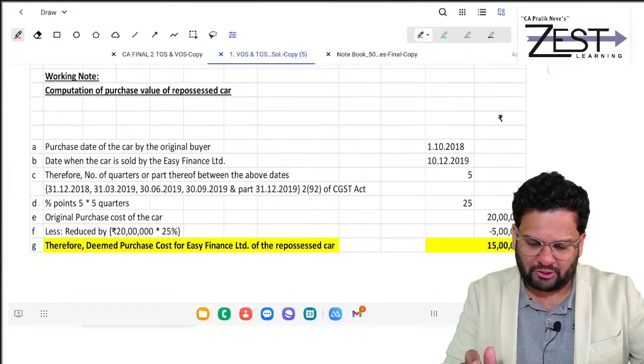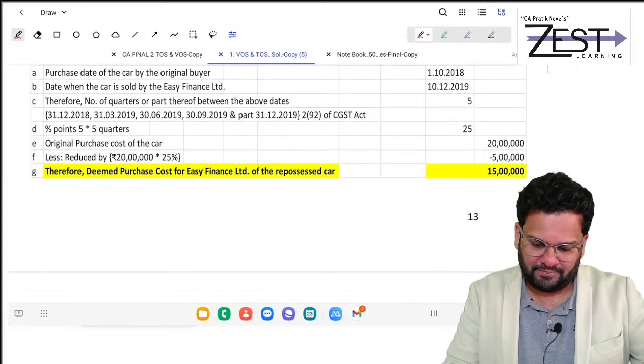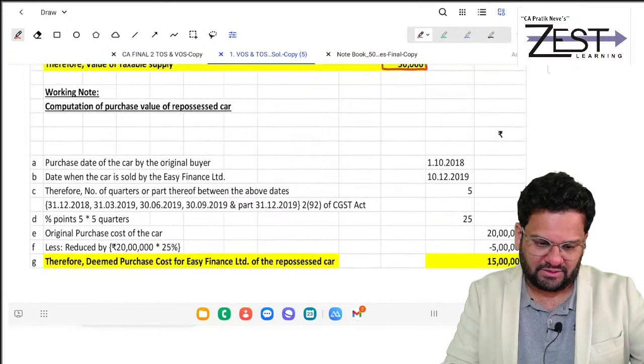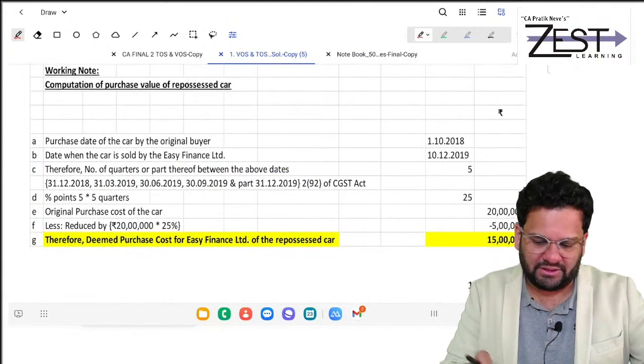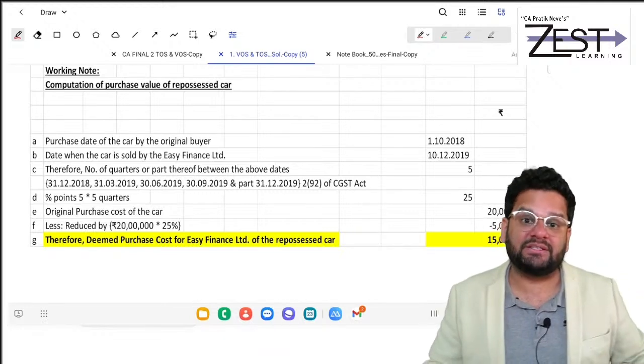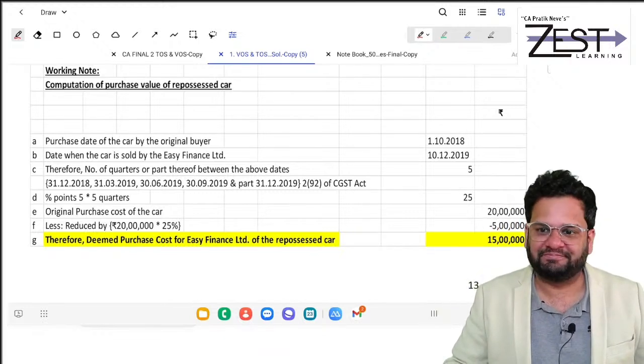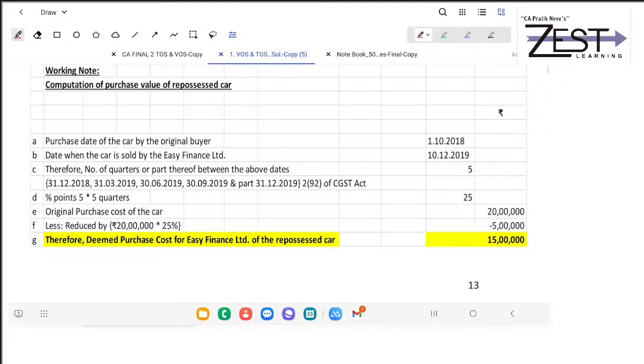Show the quarter calculation systematically. As you complete this, please say "see" in the chat window. Systematic presentation is very critical.